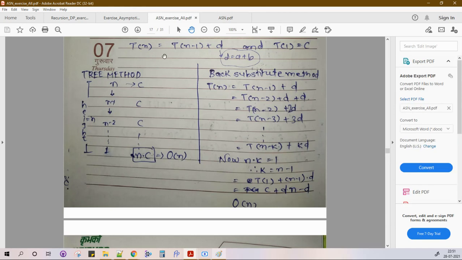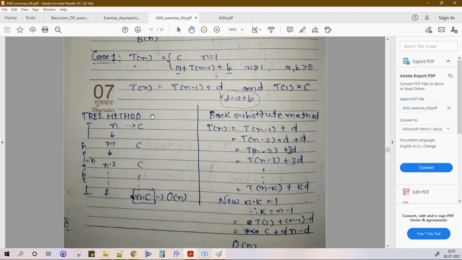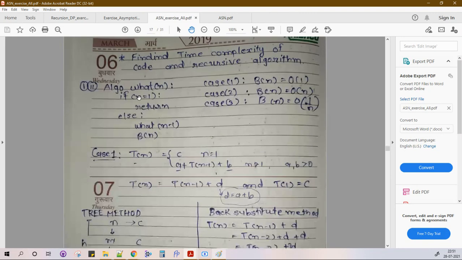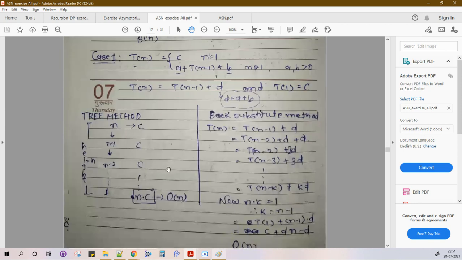right? And if you want to use the tree method, now what we are doing is I am having n amount of work, then I am converting into n minus 1, then I am converting into n minus 2. I am going up to 1. When n equal to 1, I will stop, right? Because it is the base condition, base case. Correct? So what is the height of this tree? And see, at each iteration, I am doing some constant work, right? Not related to n.